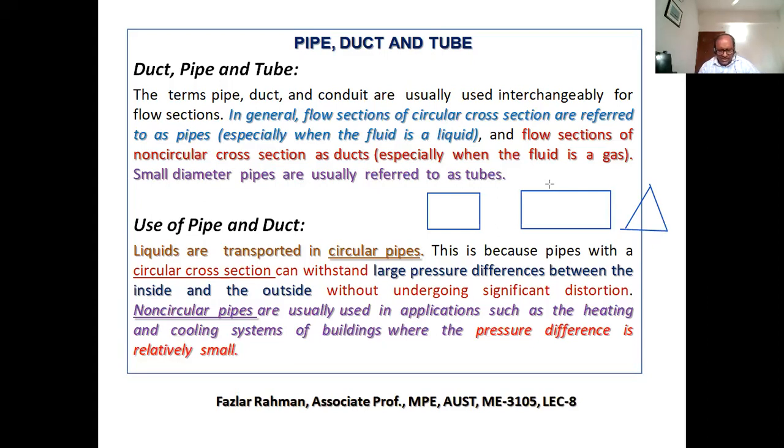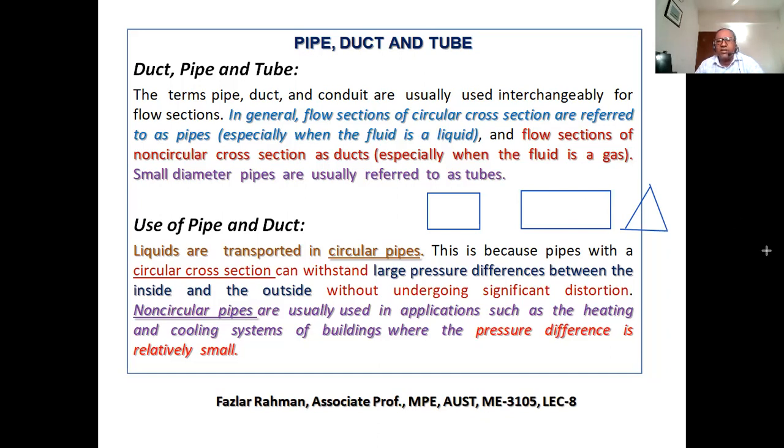So you will see all the high pressure fluid, liquid or gases, normally carried by a circular pipeline. But if the cross section is very small, then instead of pipe, we call it tube. And if the cross section is not circular, then it is called duct and normally carries air or gas.